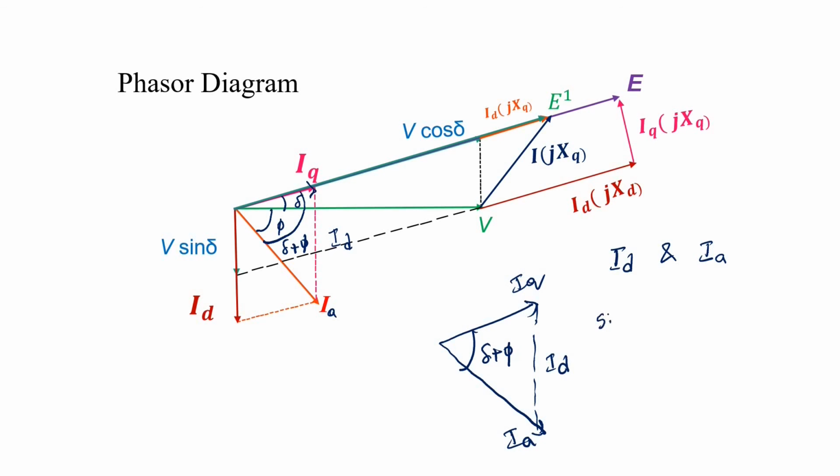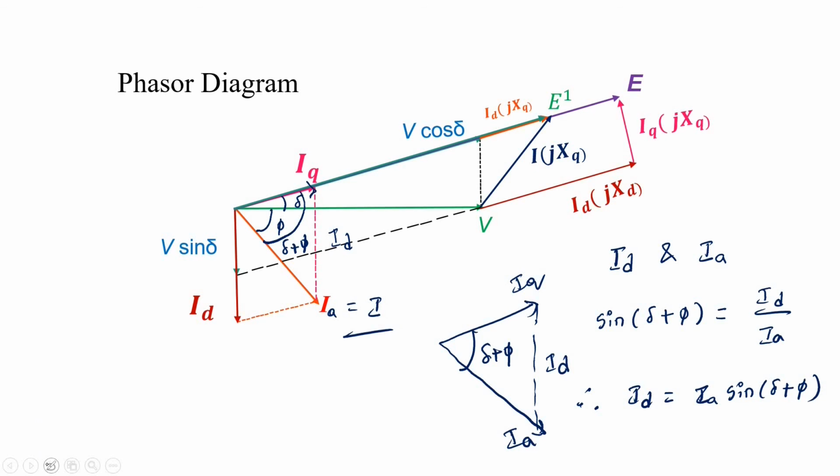So sine of del plus phi is equal to ID by IA. Therefore, the direct axis current ID is equal to IA into sine del plus phi.